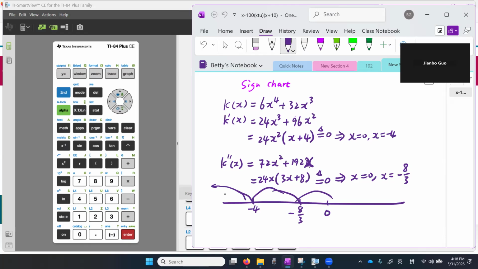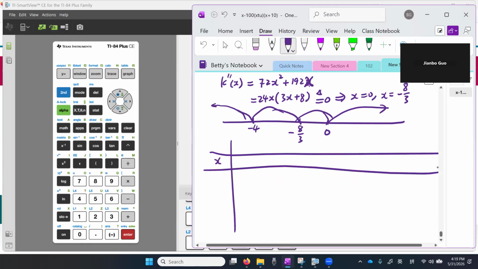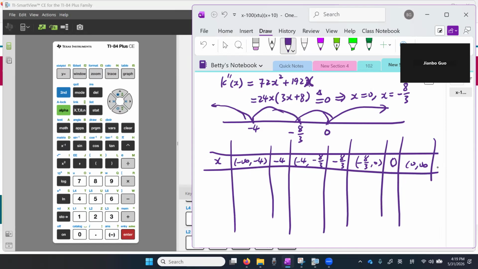They divide the domain into 4 intervals, and we're going to analyze the behavior of the function over the 4 intervals. From negative infinity to negative 4 is the first interval. From negative 4 to negative 8 over 3. From negative 8 over 3 to 0. And from 0 to infinity.